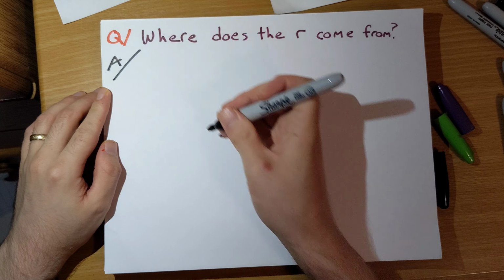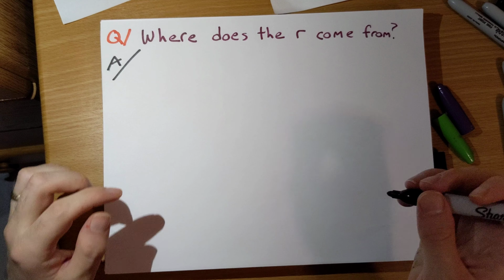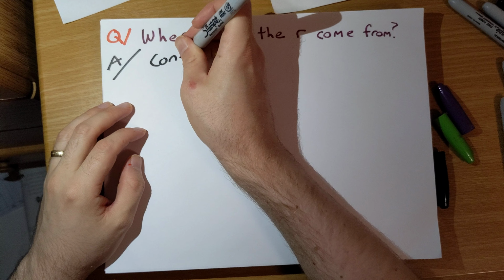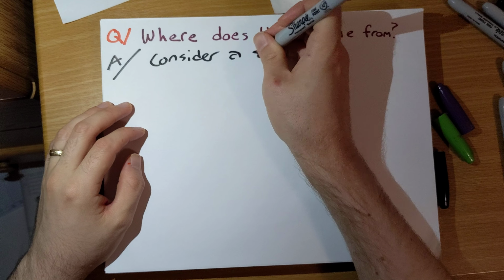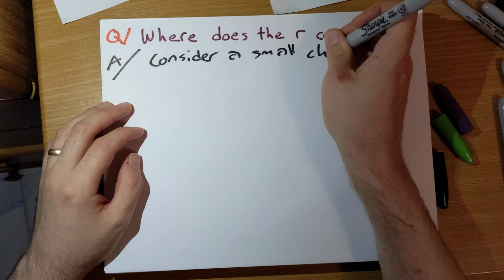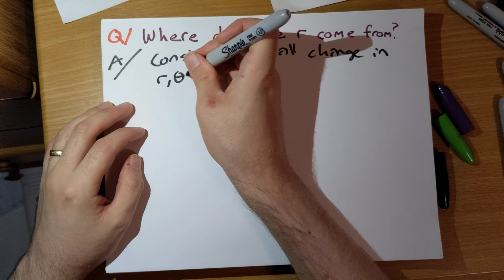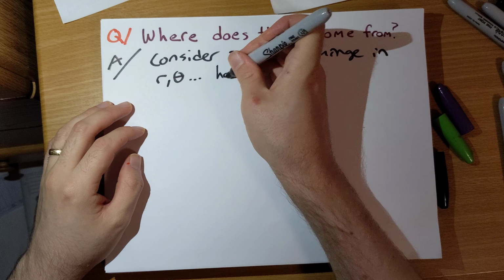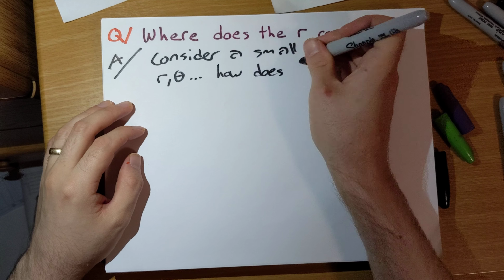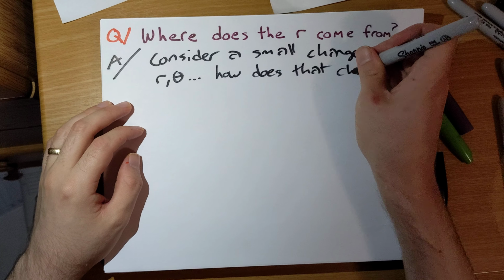So here is my answer: I want to consider a small change in r and theta. How does that change area?